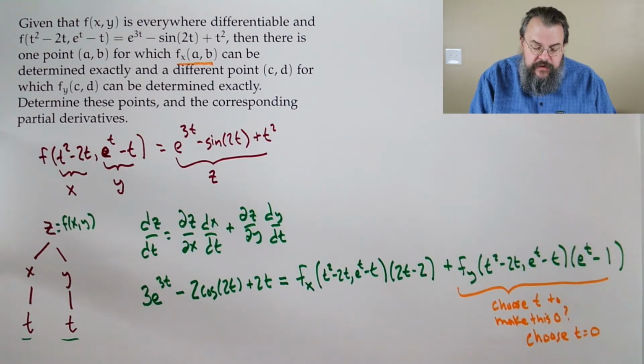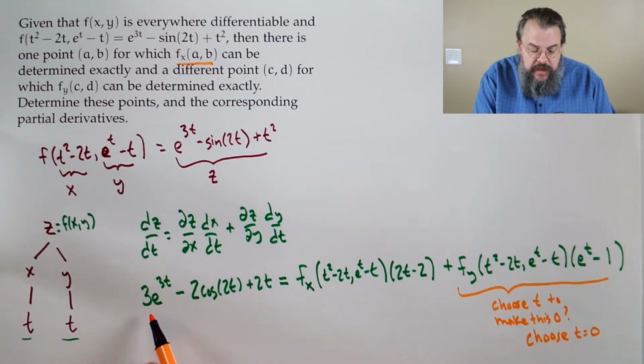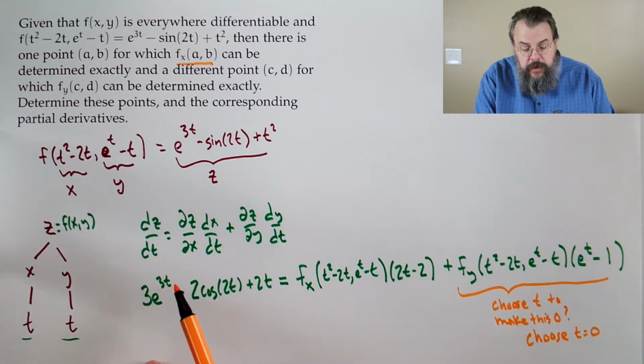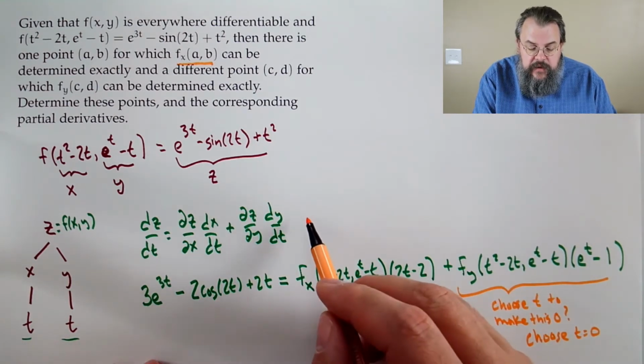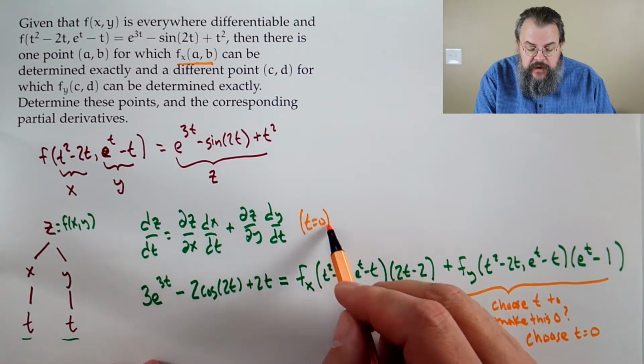What do the rest of the terms become? We're going to get 3 e to the 0. That's not so bad. So let's work it out. T equals 0.